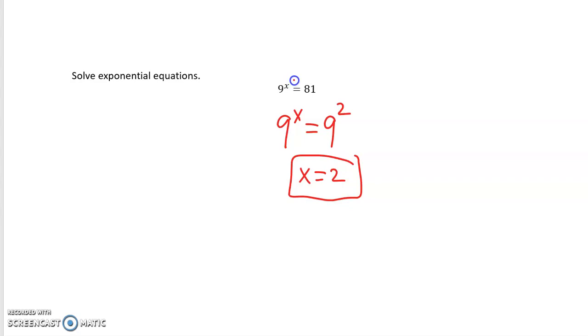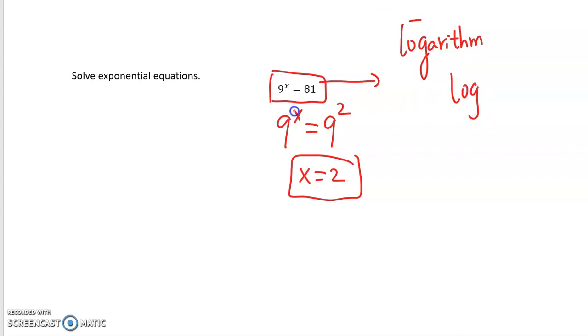Whenever we try to look for the exponent in this equation, I can introduce a new symbol, a new operation: the logarithm. We take the first three letters and write it as log, and the base will be the same base as in the equation, which is 9, then the x, and then we take the right-side number 81 and put it right here.